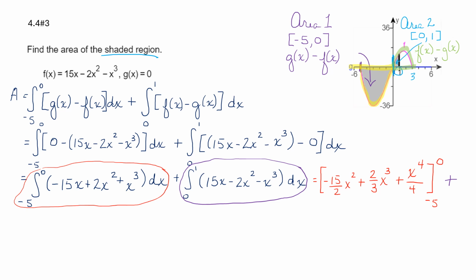All right, so the 15 over x will become 15 over 2x, minus the 2x squared will become 2 over 3x to the third, and the minus x to the third will become minus x to the fourth over 4.